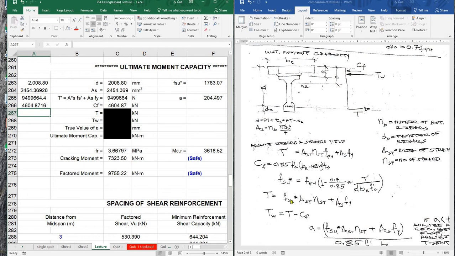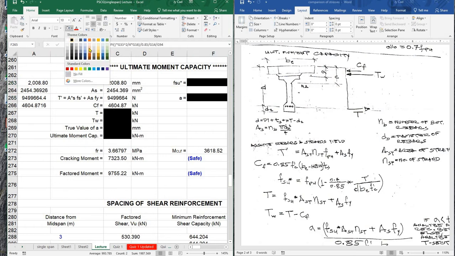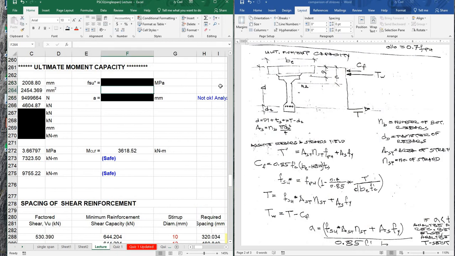Next. Dito na ako ngayon sa capital T. So, this is now FSU star. Pero, yung FSU star, ito yun. This is on the assumption that rebars and strand yield. We will compute that. So, i-cover ko lang ito. And then let's compute now FSU star.